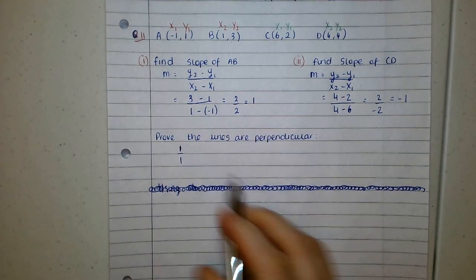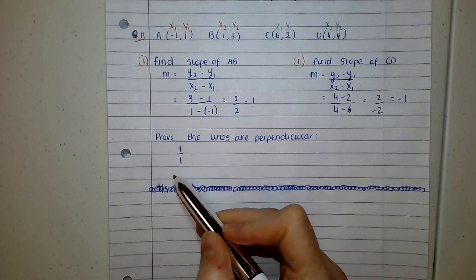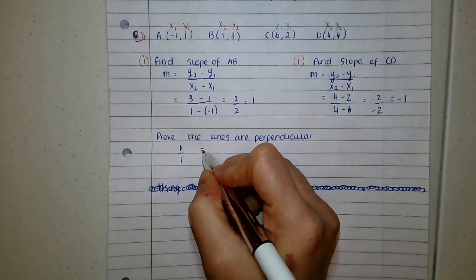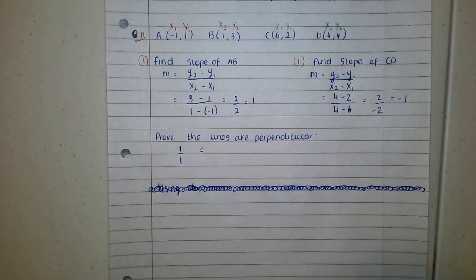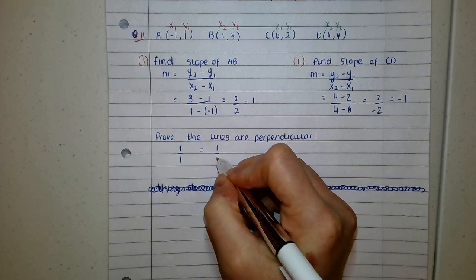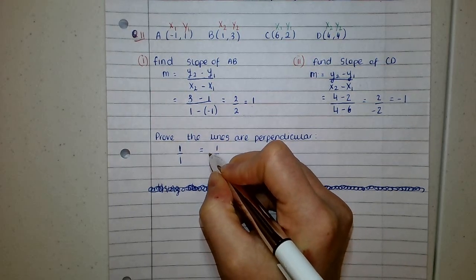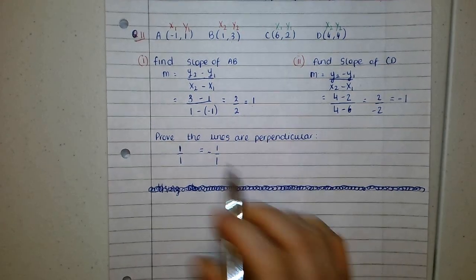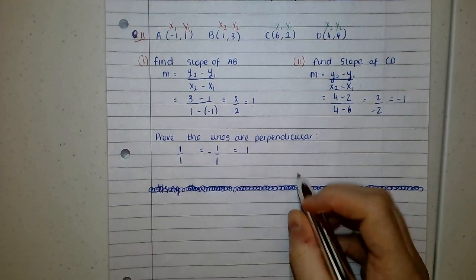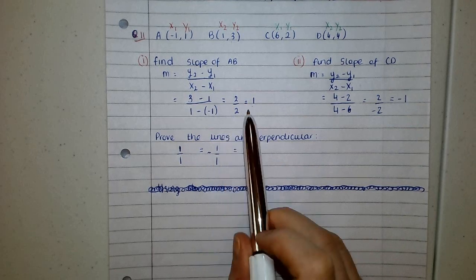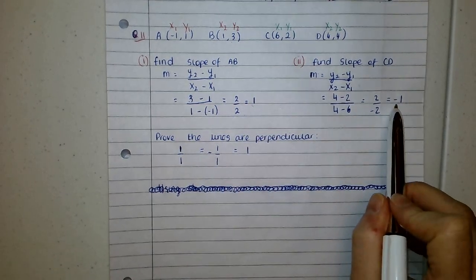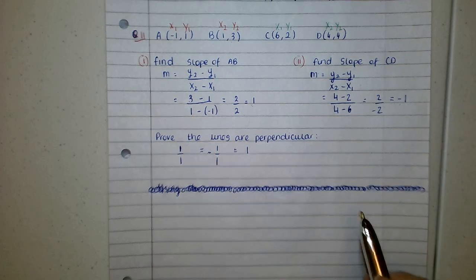If we know that this is the slope of one of the lines, the slope of the line that is perpendicular is this: we flip it, so it's still going to be 1 over 1, but we change the sign. So minus 1 over 1, which of course is minus 1. So we can show that the slope of this line is equal to this line flipped with the change of sign.